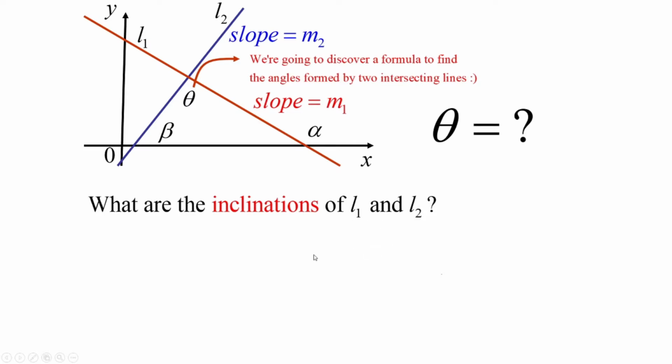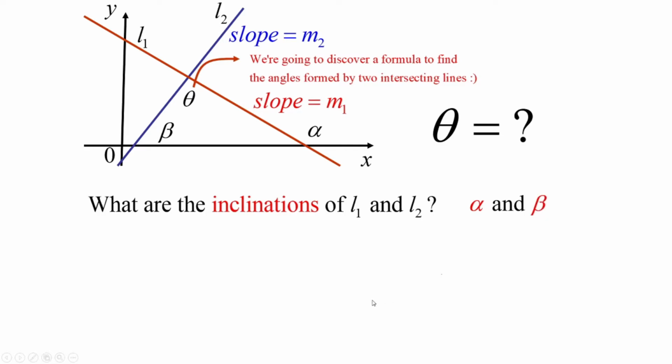Well, line 1 is this red line right here, and the inclination of this red line would be this angle alpha right there. Okay, and line 2 is the line right here. That's a blue line, I think. All right, and the inclination of this line would be this angle beta right there. So what are the inclinations of line 1 and line 2? They are alpha and beta, respectively.